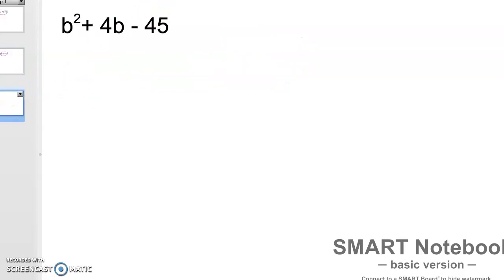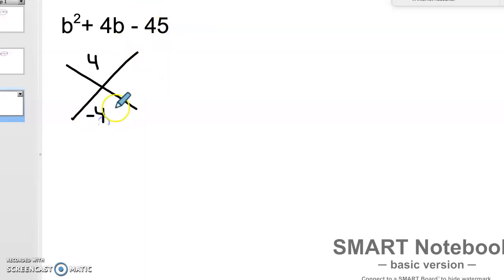In the last example, I switched the last term to be negative. So when we draw out our x, the sum is going to be positive 4 and when multiplied together, they're going to equal negative 45.